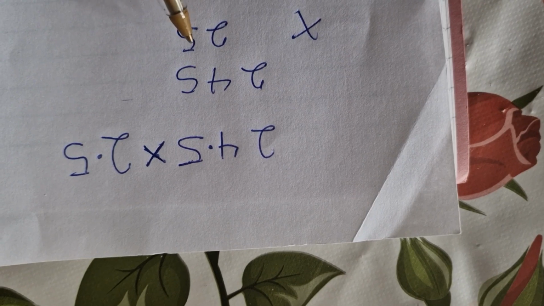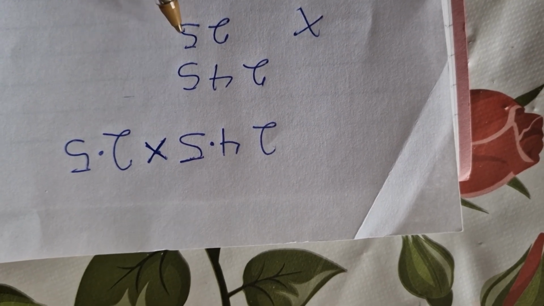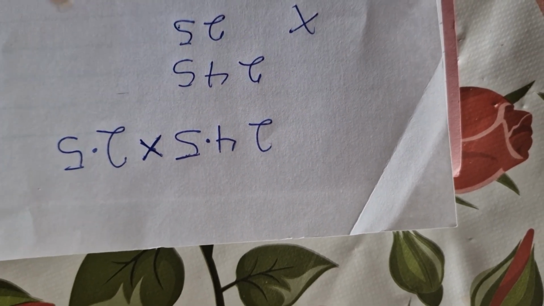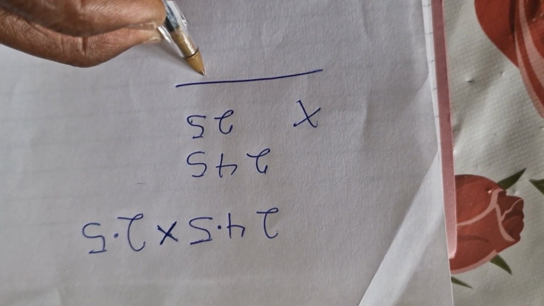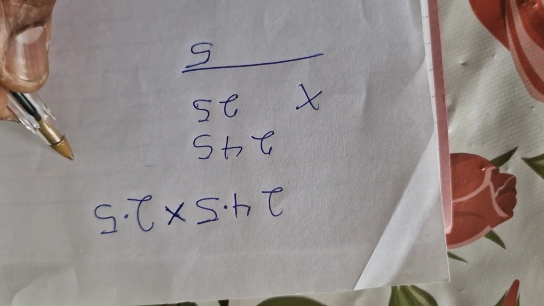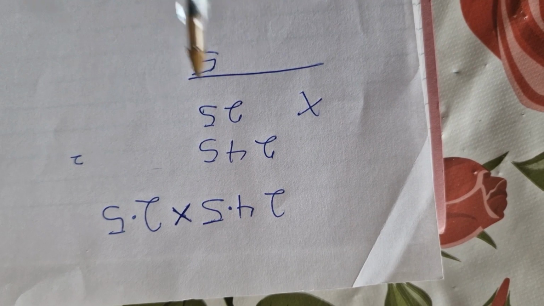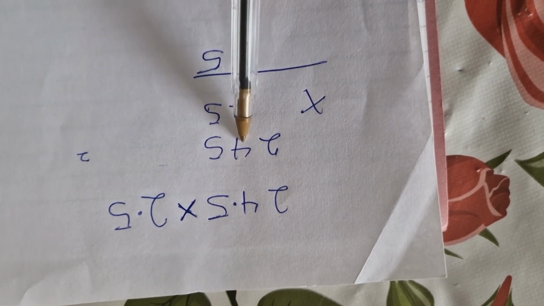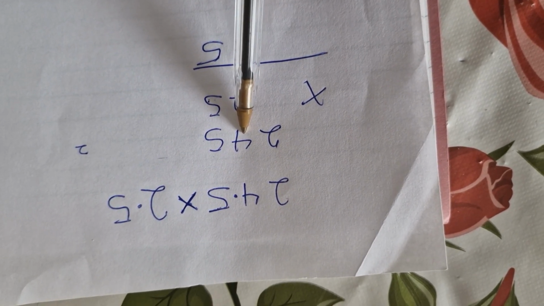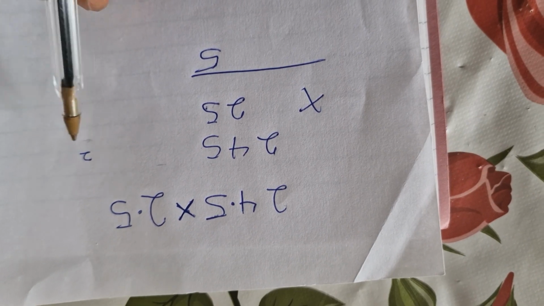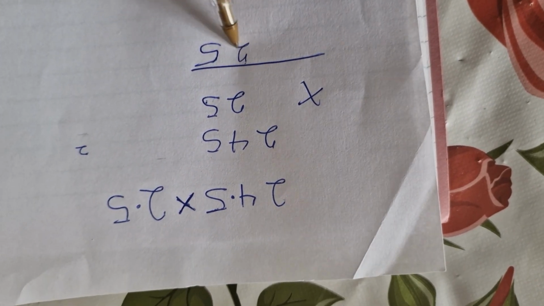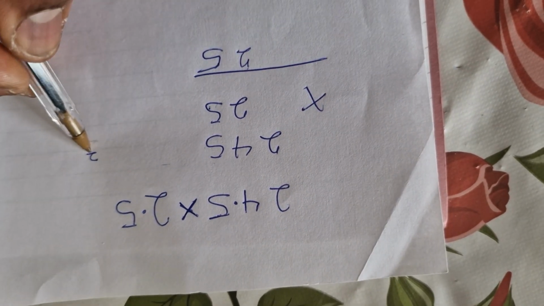So if you look at here, we have 5 times 5, which will give us 25. So we write our 5 here, remaining 2. Then 5 times 4 will give us what? 20, plus the 2 here is 22. So you write our 2 here, remaining 2 here.